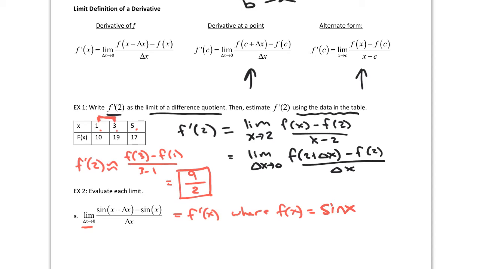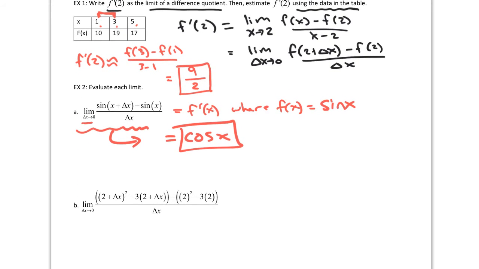So if I'm trying to find what this limit equals, I know it's the derivative of that function, sine of x. So the derivative of sine of x is cosine of x, and there's your answer. This limit, because it's the definition of derivative, just means what's the derivative of sine? It equals cosine.